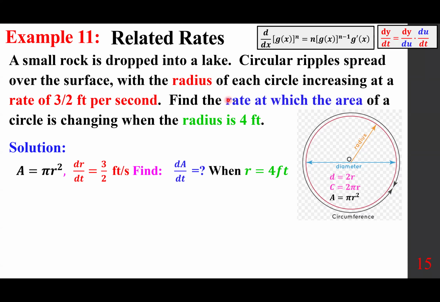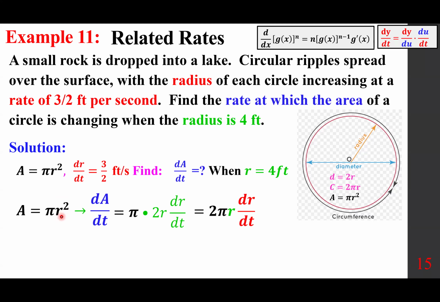And we start with A equals pi r squared, and we want to find dA/dt, which is pi, because it's a number, and we're going to differentiate just r squared, which is 2r dr/dt, or 2 pi r dr/dt.